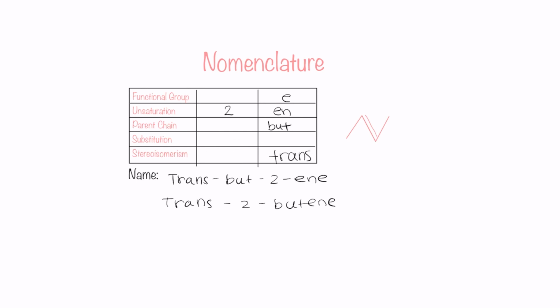We can automatically assume that this number here is going to apply to the double bond because there's no functional group and it can't apply to that parent chain here. So we can automatically assume that this 2 is going to belong to the location of the double bond. So I just wanted to let you know that you might see it written as butene or 2-butene. And these are exactly the same, and these are both acceptable.